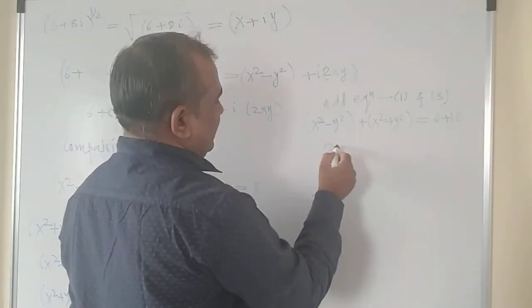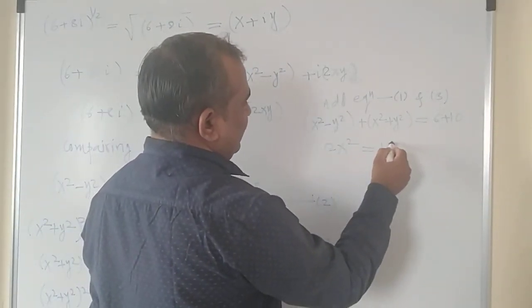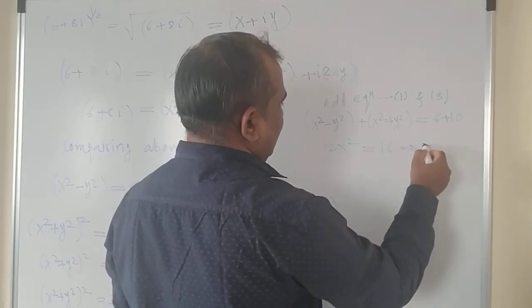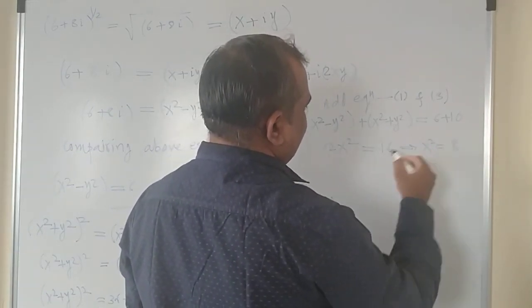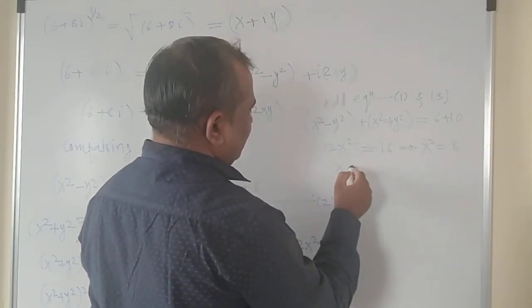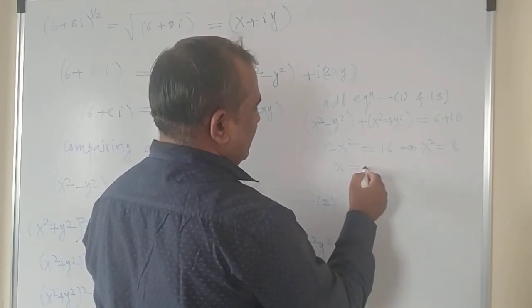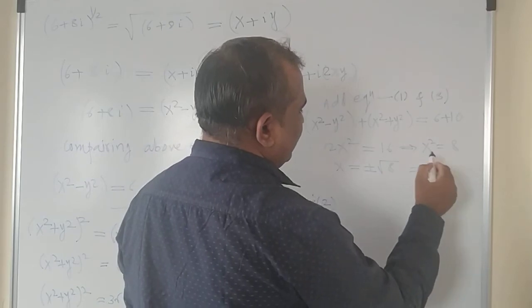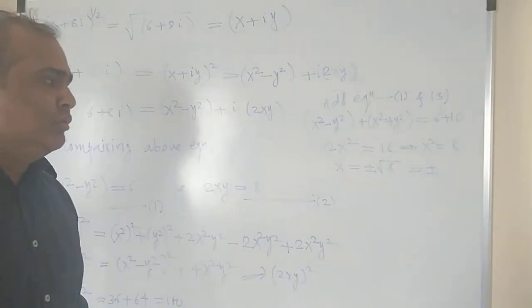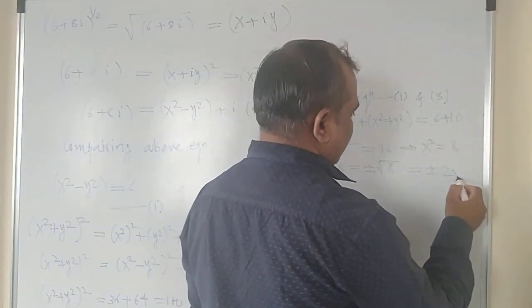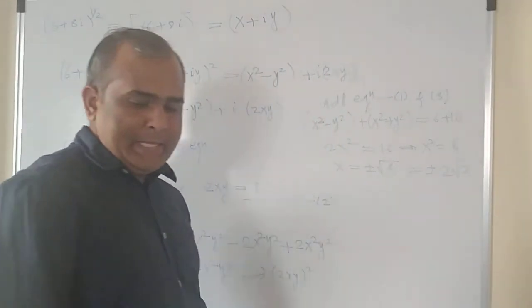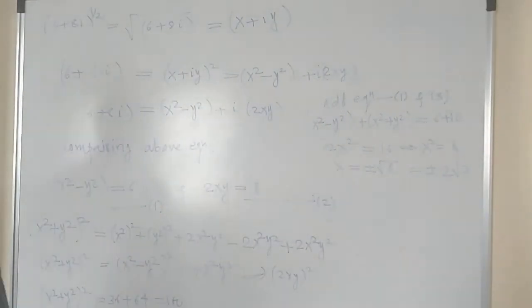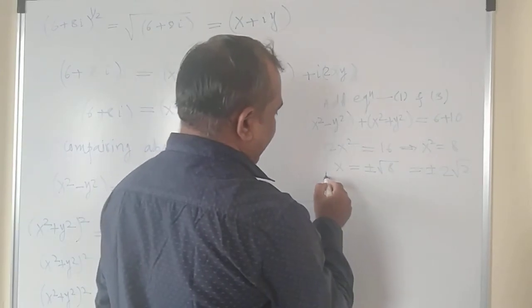So this will give me 2x square is equal to 16, which gives the value of x square is equals to 8, and this gives us the value of x is equal to plus minus root 8. Now this root 8 you can write 4 into 2, so 2 root 2. Got it? Similarly, do calculate the value of y.